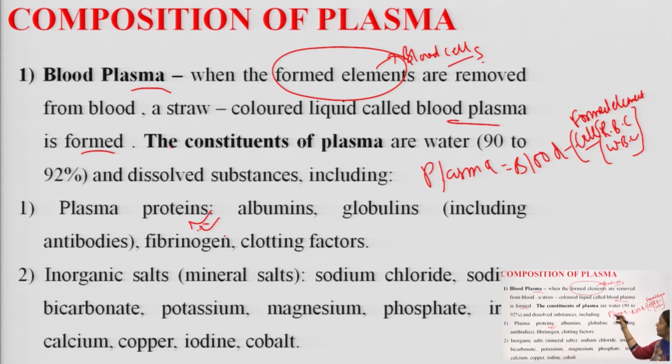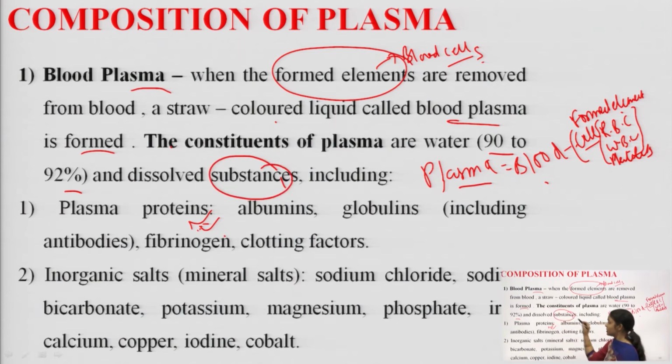Now the blood plasma. When the formed elements are removed from the blood, that is blood minus cells, what remains is called plasma, a straw-colored liquid called blood plasma. Blood plasma has 90 to 92% water and dissolved substances.